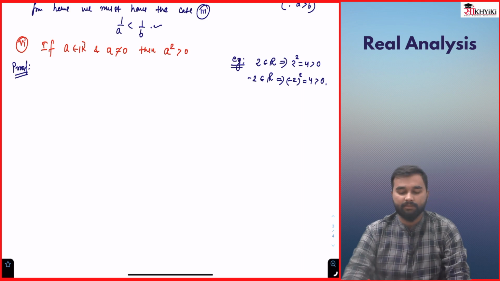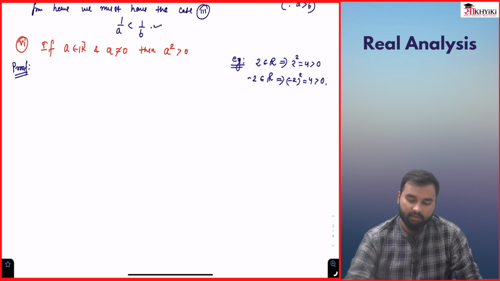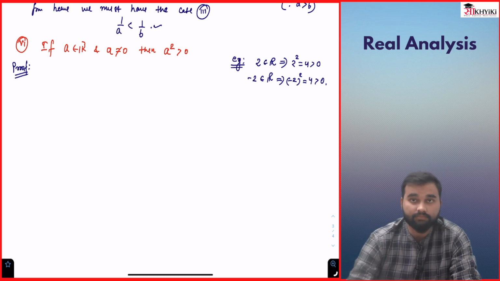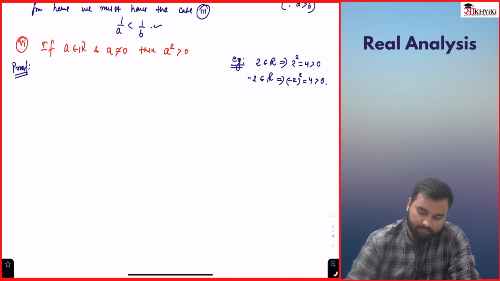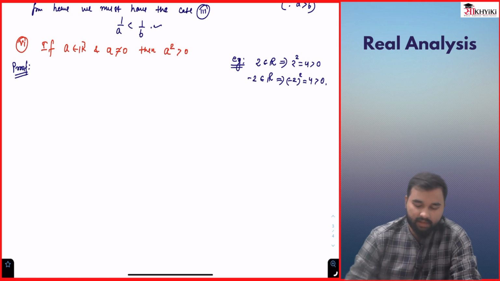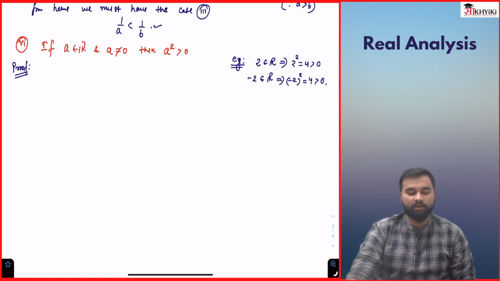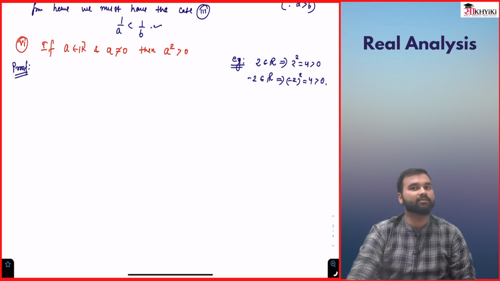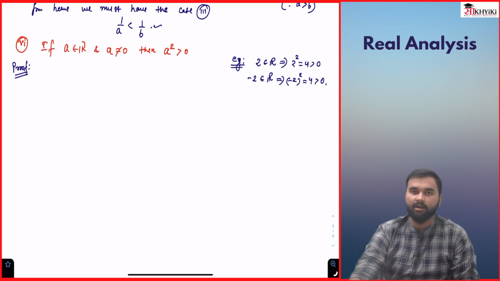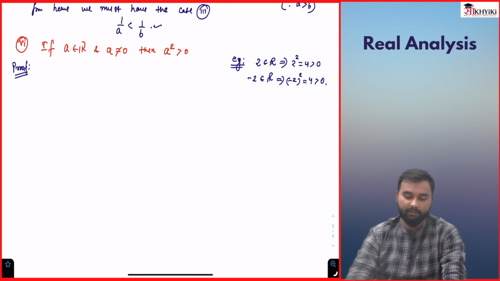Let's try to prove this. How can we approach? Since A is a real number, by trichotomy of real numbers, either A can be equal to 0, or it can be positive, or it can be negative. But here it is also given that A is not equal to 0. So what options are we left with?